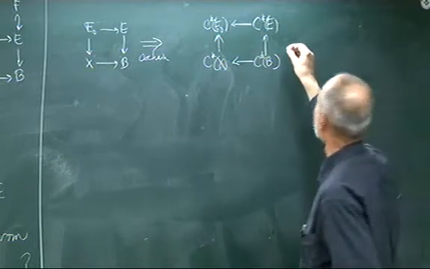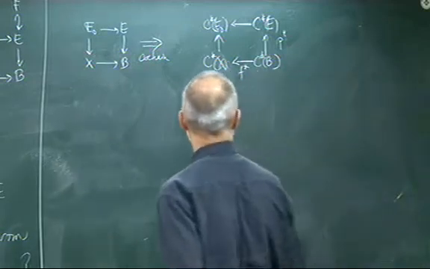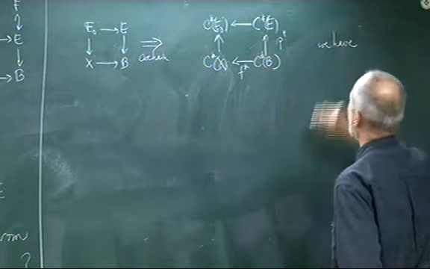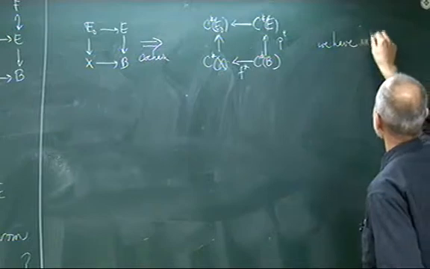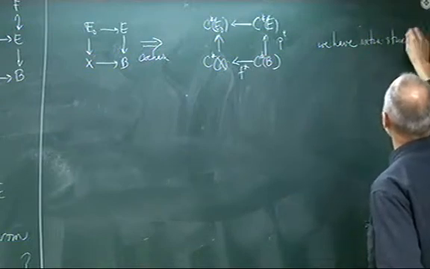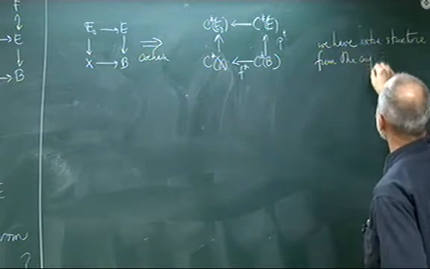And I guess p star and f star are part of this. So the thing to note here is that we have extra structure from the cup product.